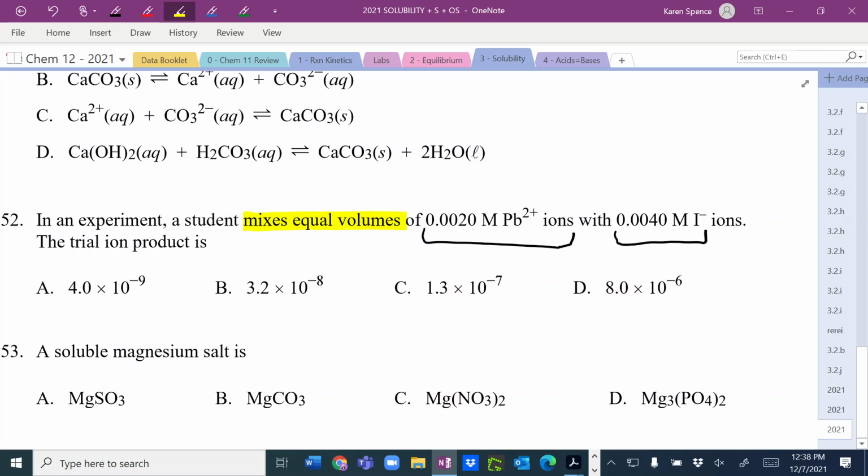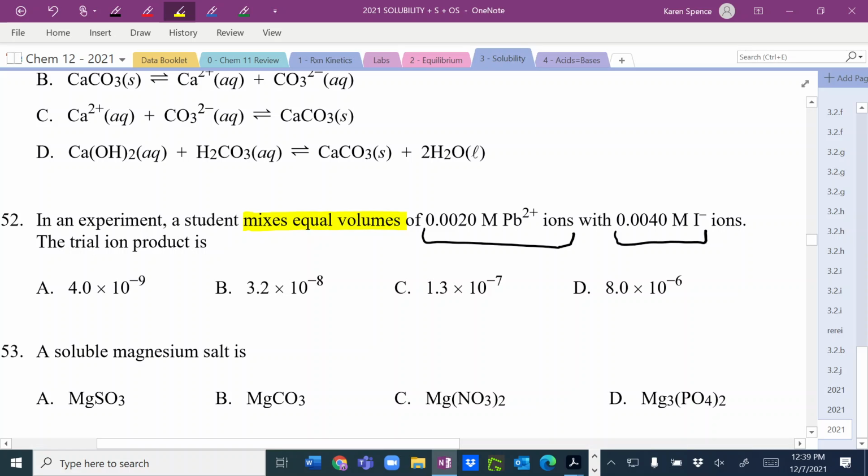All right, so because I'm mixing equal volumes, what happens to the concentration when I mix equal volumes? Do you guys know? It gets divided in half. Would anyone like me to prove that or show you why? No. Okay.